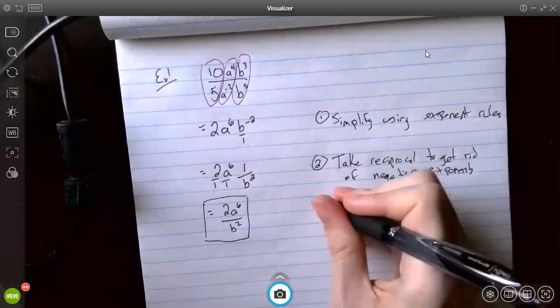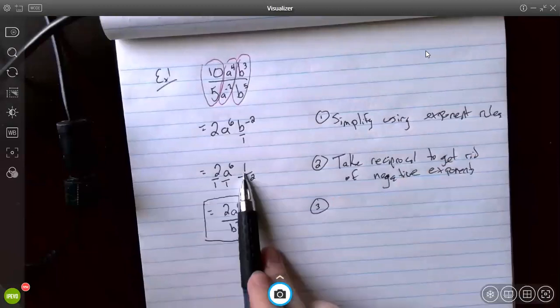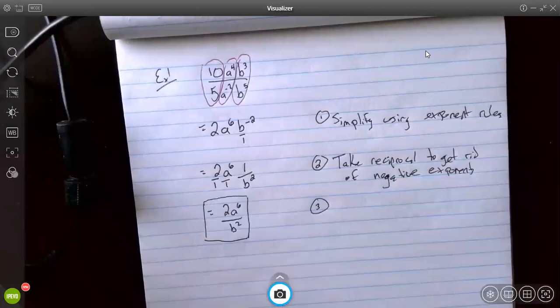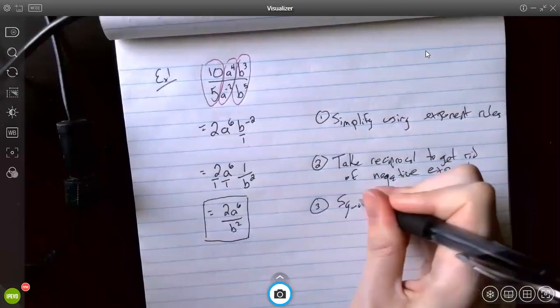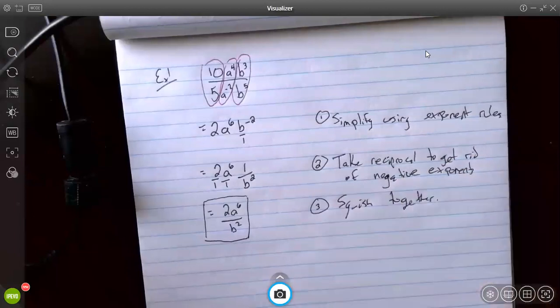And then step 3 is squish it all together. And we do that by just multiplying. Okay, the stuff that was on top stays on top, the stuff that was on bottom stays on bottom. Squish it together. And that's it.